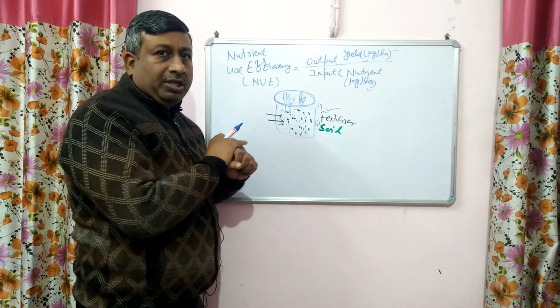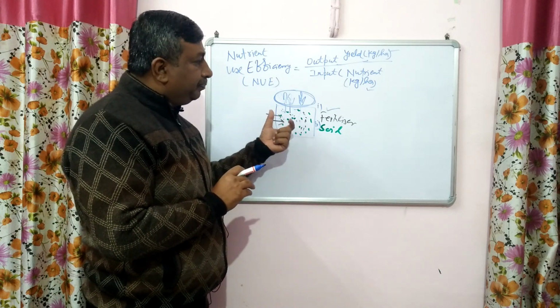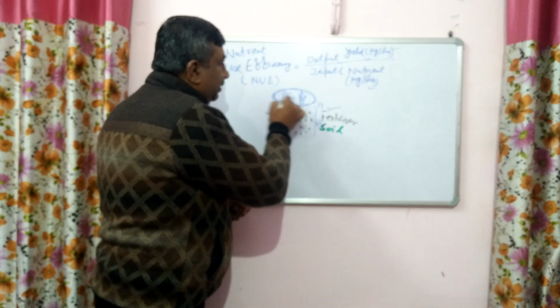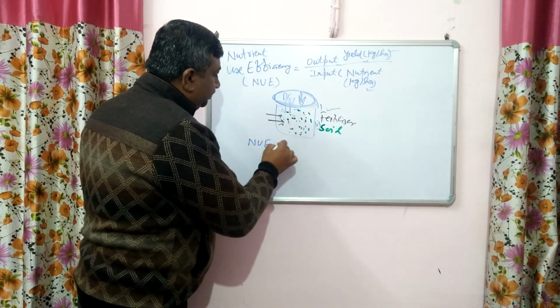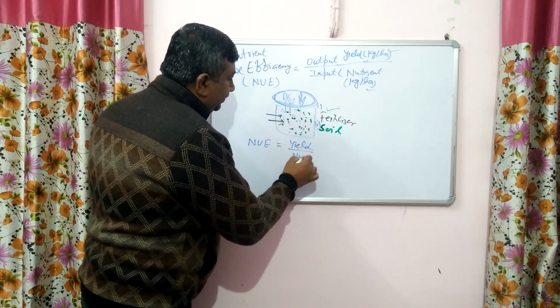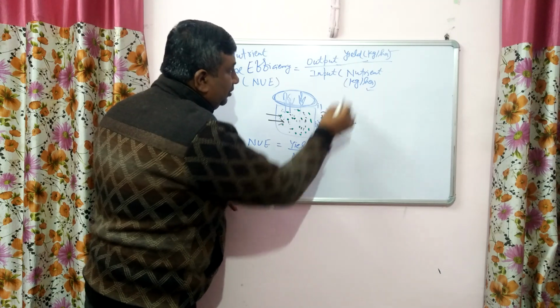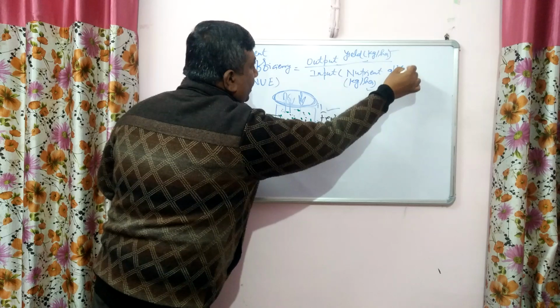Now we cannot separate out how much nutrient is obtained from fertilizer and how much is from soil, but there is a yield. When we use the formula of nutrient use efficiency, yield upon nutrient applied, the input means nutrient applied through fertilizer.